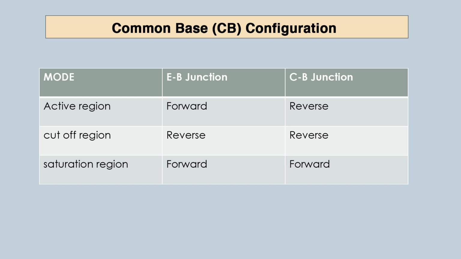In the active mode, emitter base junction will be forward biased, collector base junction will be reverse biased. Now comes the third situation, that is the saturation mode. In saturation condition, both the junctions are forward biased.